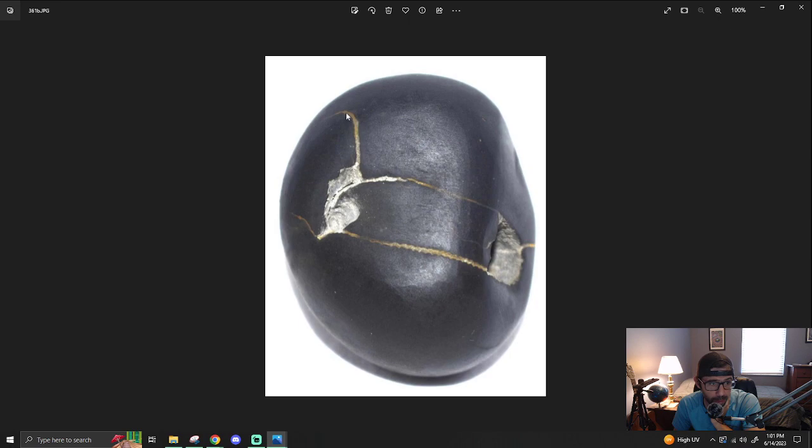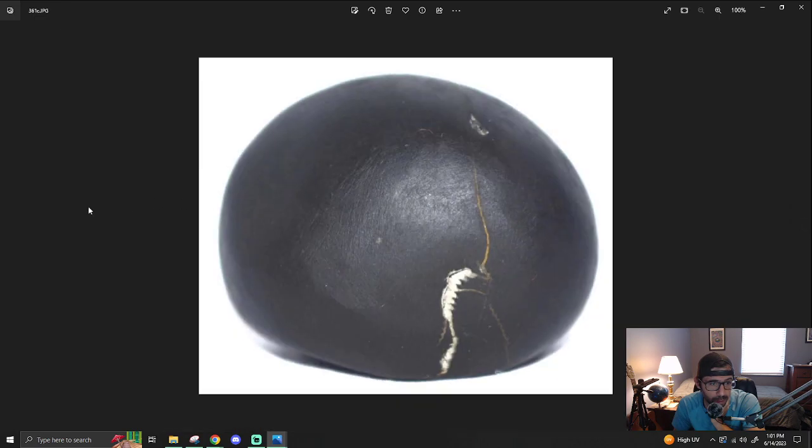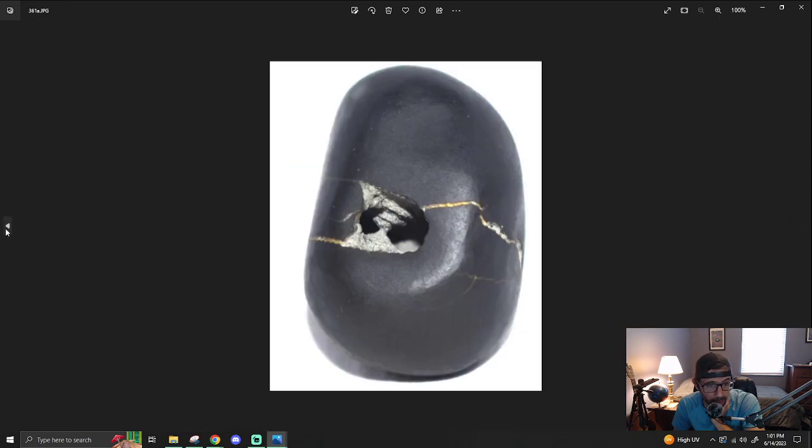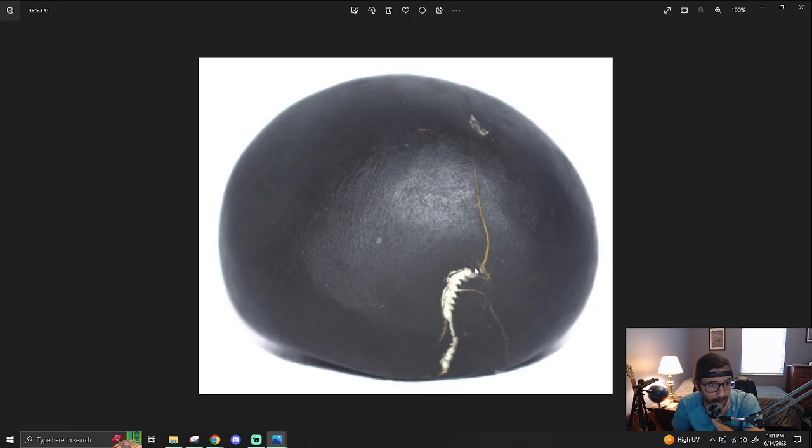Go over here and suddenly what is going on? That's the other side. So going this way, we see this. It kind of comes together and then goes across. Like, what is going on?